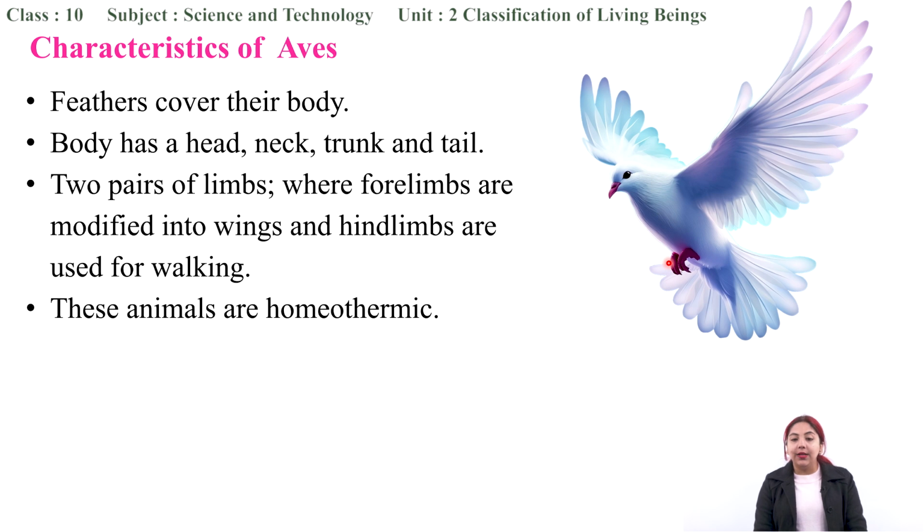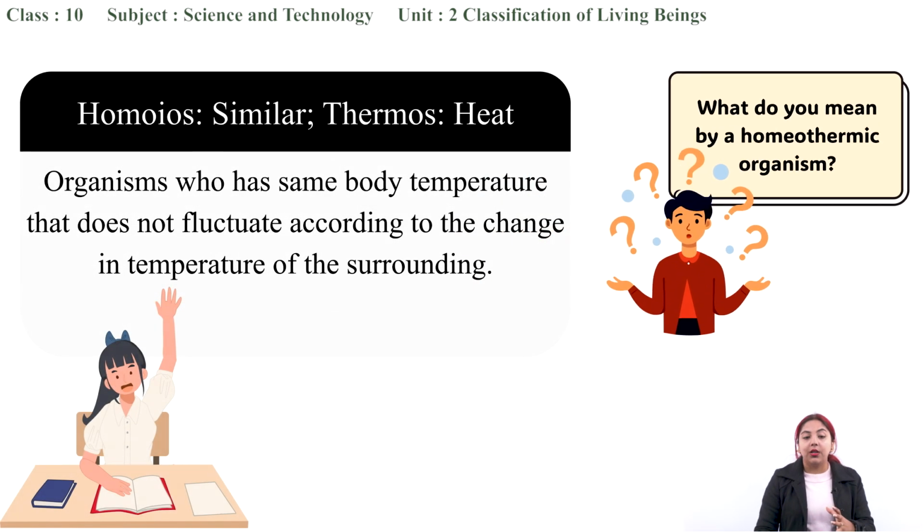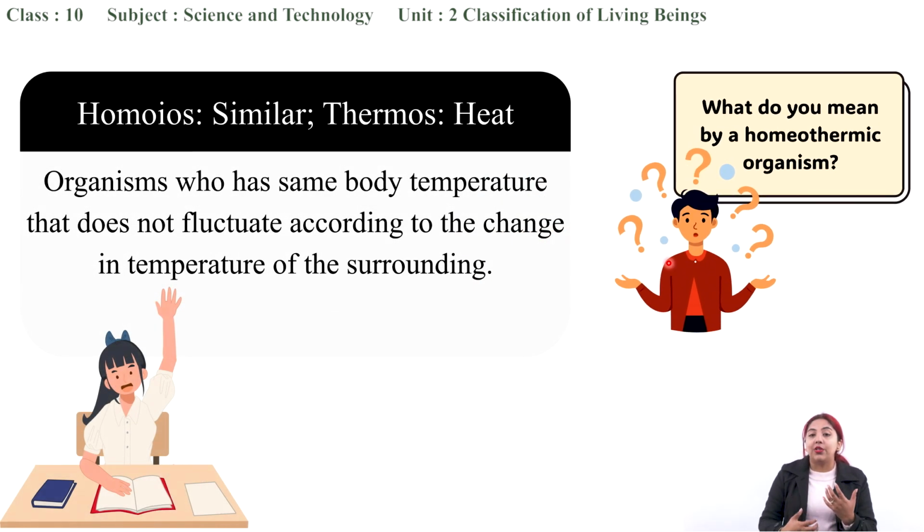Now these animals are homeothermic. So what do you mean by a homeothermic organism? Yes, these are warm-blooded organisms in which the internal body temperature does not change according to the fluctuation in the temperature of their surrounding.